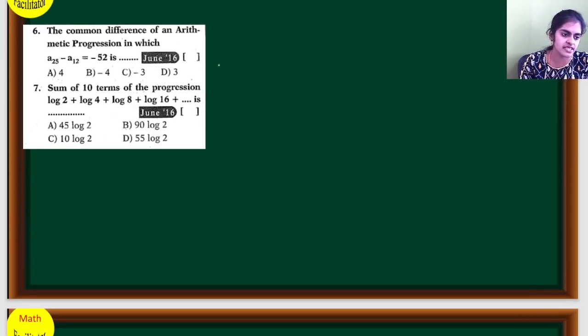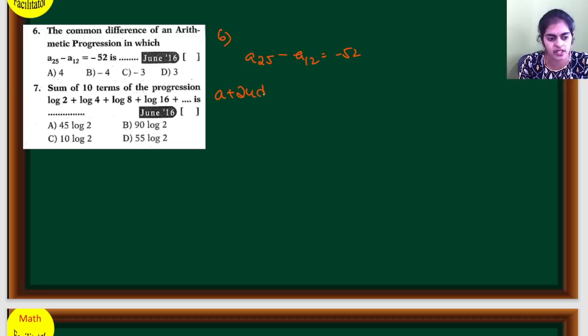Now see question number 6. So AP common difference you have to find. 825 minus 812 is given as -52. 825 is nothing but a plus 24d, minus 812 is a plus 11d. This is equal to -52.